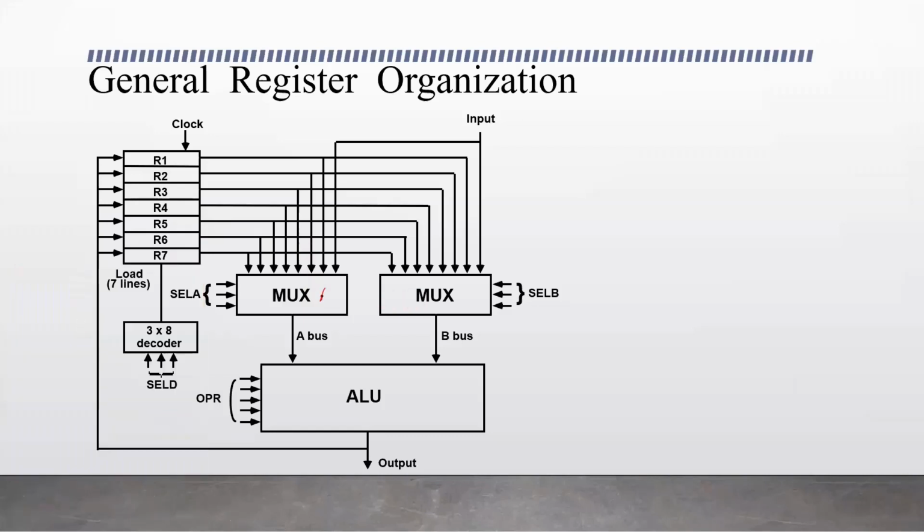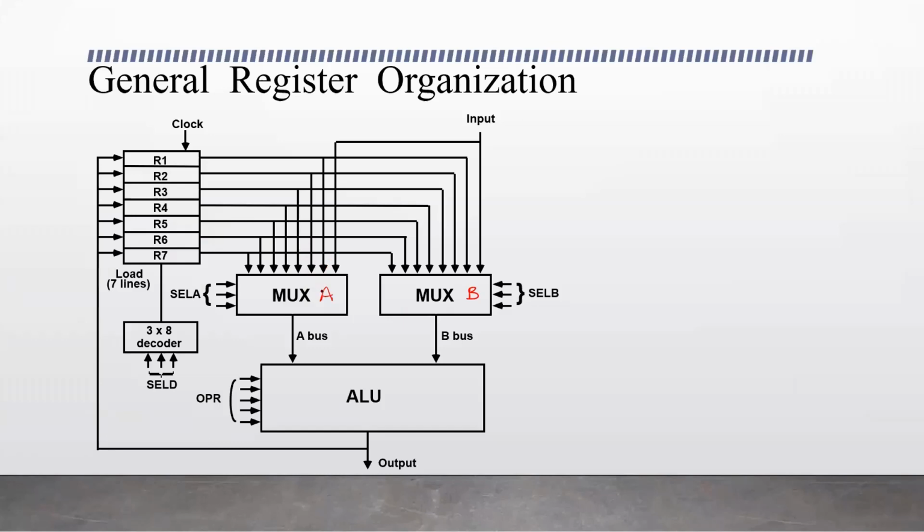Let's name them multiplexer A and multiplexer B. The inputs to these multiplexers are these 7 registers. If you see, all the 7 registers are connected to the multiplexers as input.